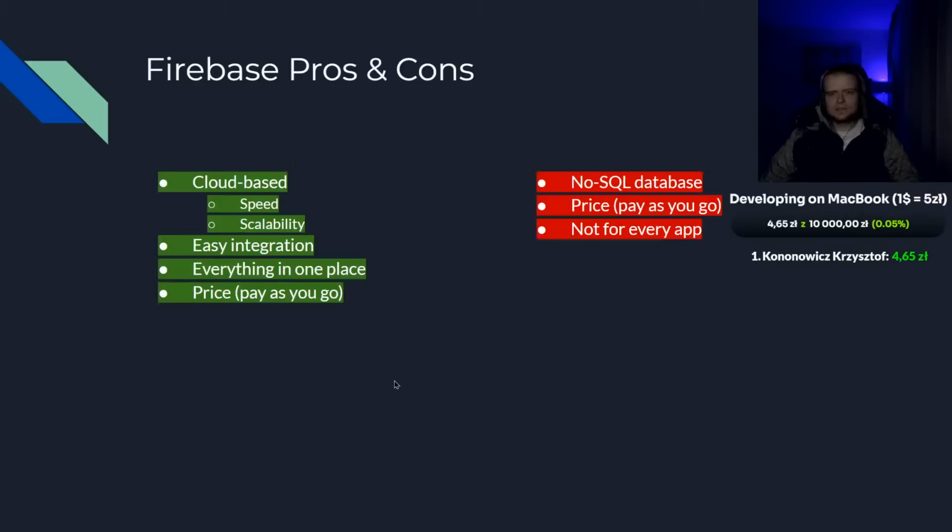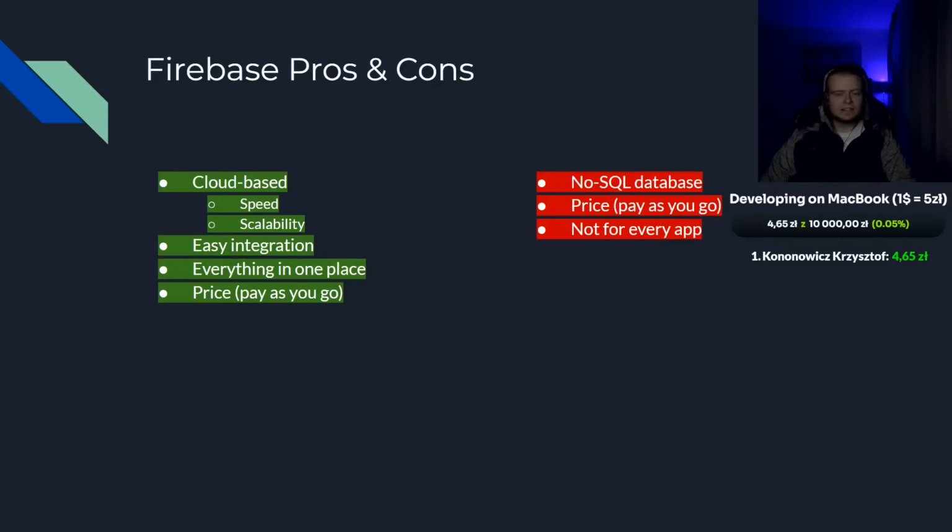Anyway, let's go to the pros and cons of Firebase. Well, let's start with pros. Basically, Firebase is cloud-based, which means that everything is in the cloud. It's not like a single server that we need to buy and manually scale, because Firebase has a very cool feature of auto scaling our servers in the cloud, and therefore the response time is really low, which is really good for our application.